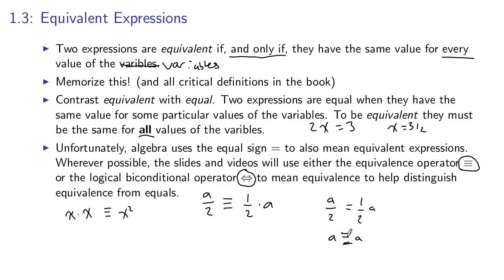They have the same value for all values of the variables. If a is a variable, of course a's value is the same as itself by the law of identity, right? Something is itself. a is always equal to a, which means a is equivalent to a, or freely interchangeable, which shows that a over 2 is equivalent to 1/2 times a.